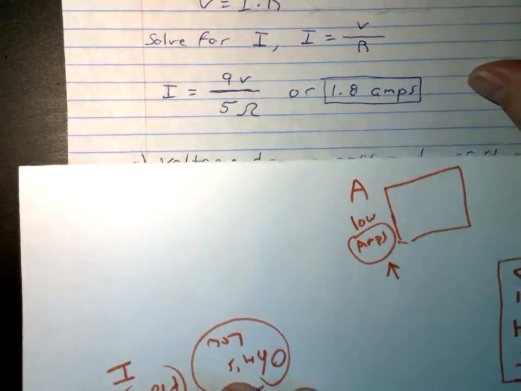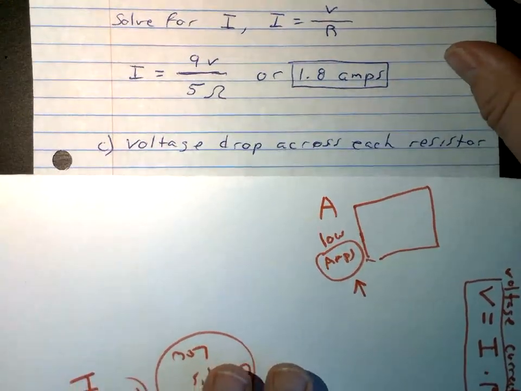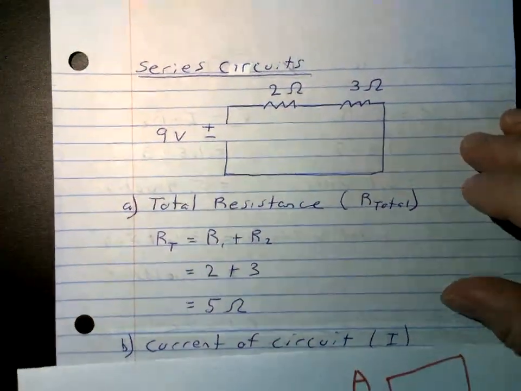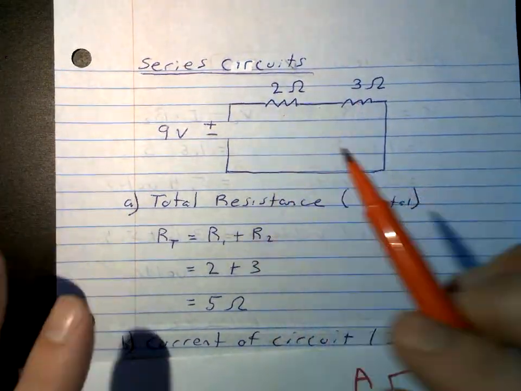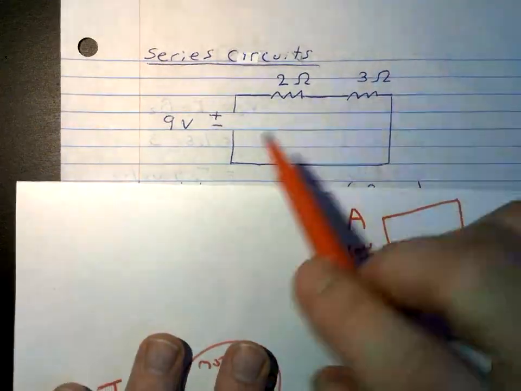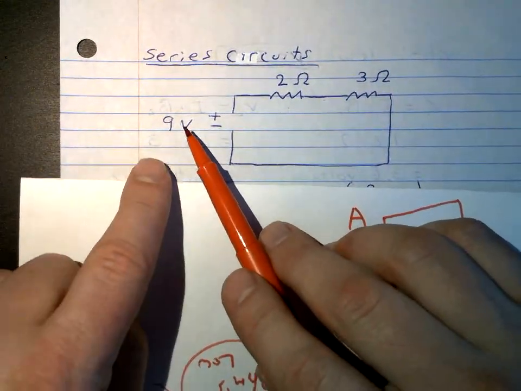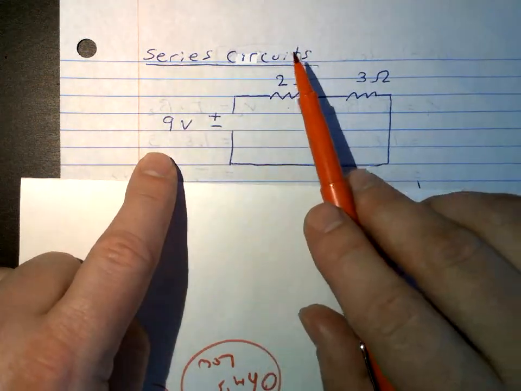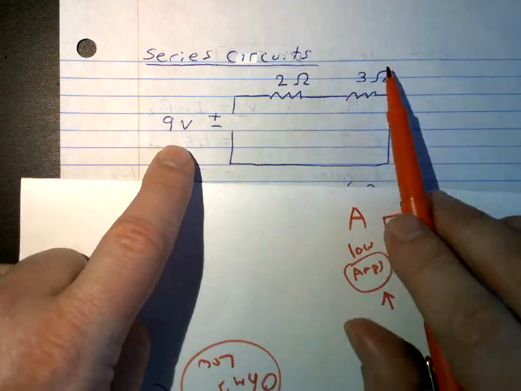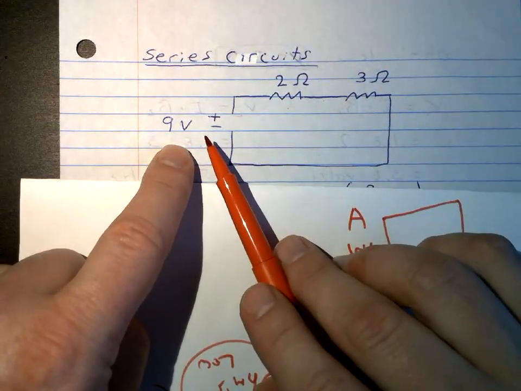Okay? So now we're going to figure out another thing. What if we want to figure out the voltage drop across each resistor? So let's go back up to this. Each resistor requires a certain amount of current, right? So think of it this way. If we hook up a 9-volt battery, that means this has some of that voltage and this has some of that voltage being used.